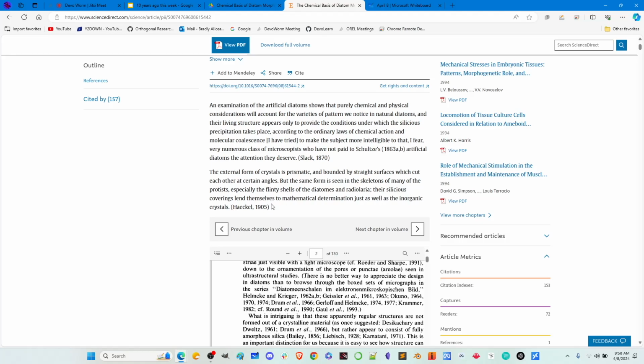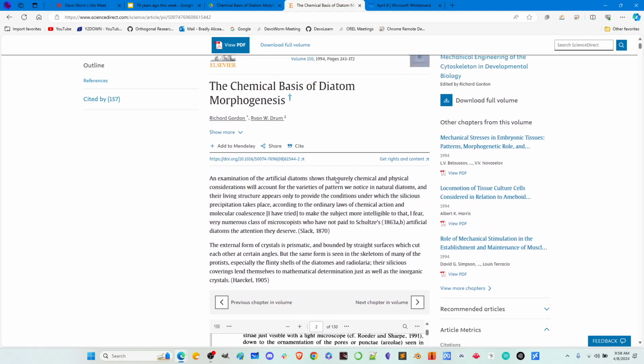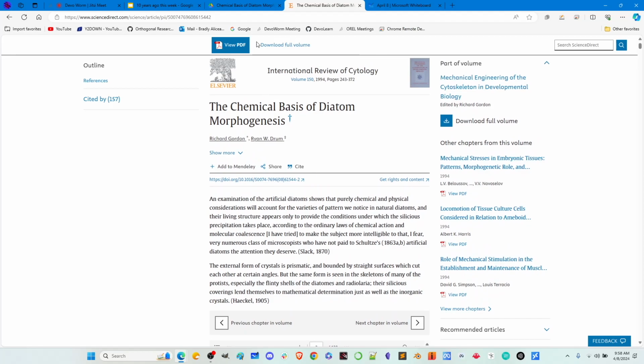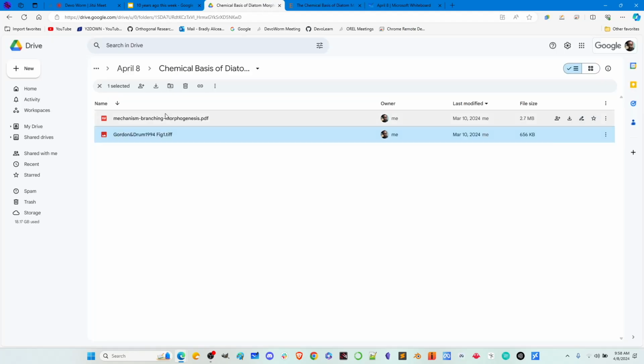Their siliceous coverings lend themselves to mathematical determination just as well as the inorganic crystals. And this goes back to Haeckel in 1905. So this is where you have these silicate morphologies, and they have this different mode of morphogenesis. This is an interesting form of morphogenesis here.